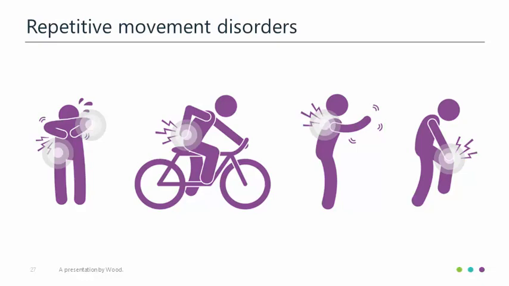Typical symptoms include pain, tingling, numbness, visible swelling or redness of the affected area, and loss of flexibility and strength. These disorders often go through a series of stages as they develop. This means that if you identify the condition early and put measures in place to address the causative factors, you can prevent the development of longer-term conditions and potential disability.